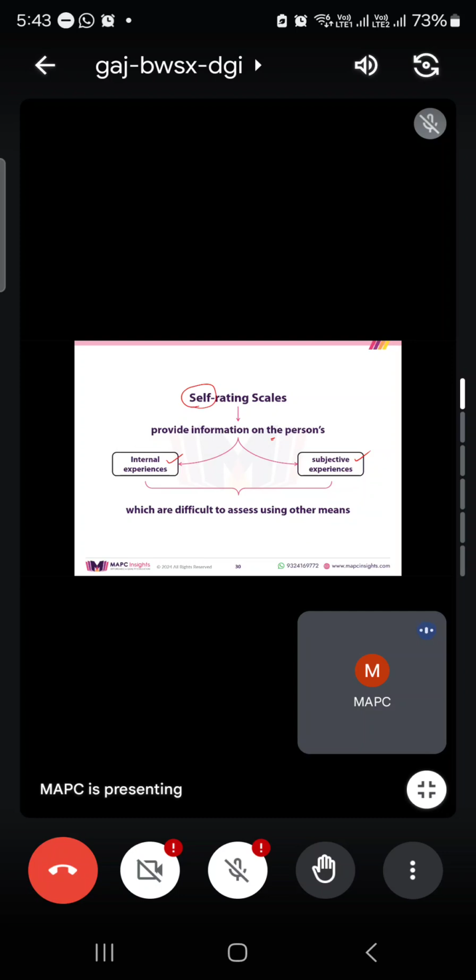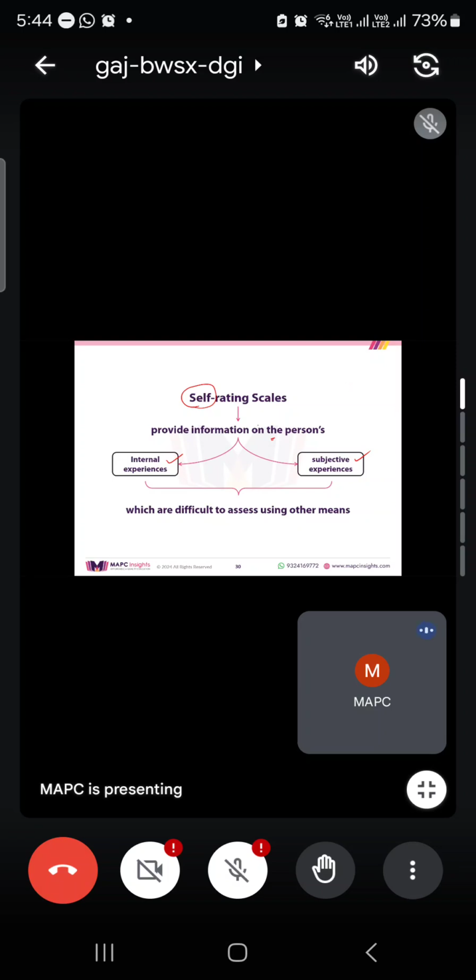Internally, what the person is thinking, and subjective means what? The personal opinion about something. My subjective assessment could be different, and your assessment could be different. That's subjective. It depends upon person to person.